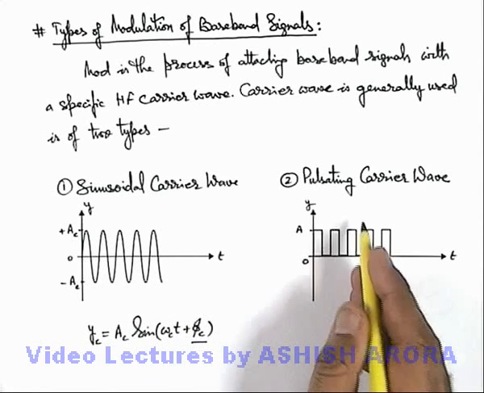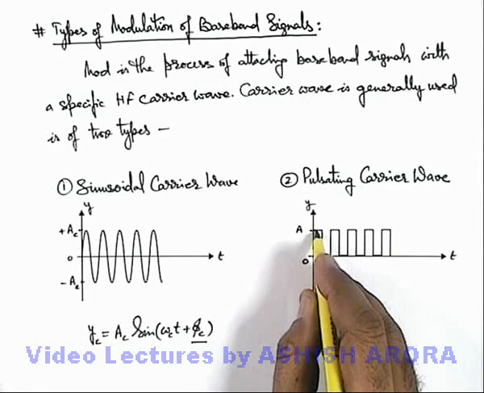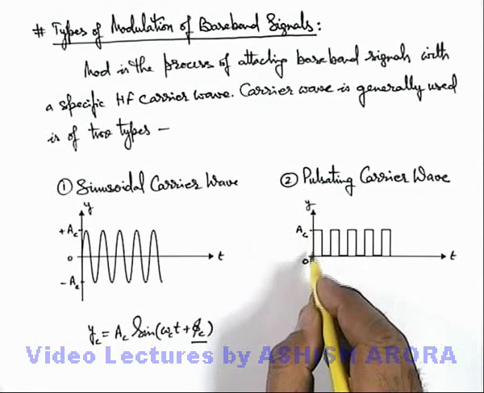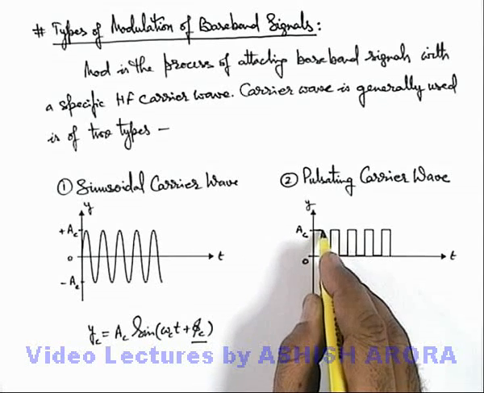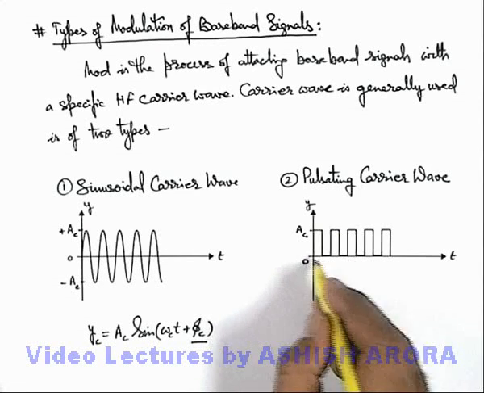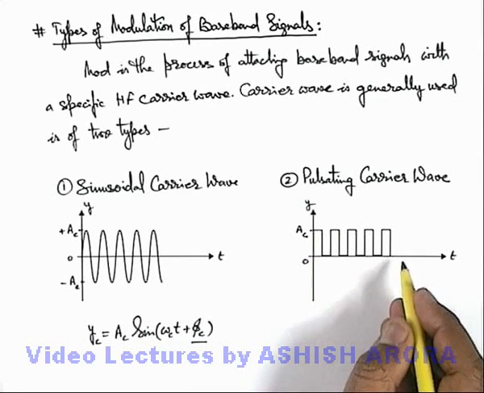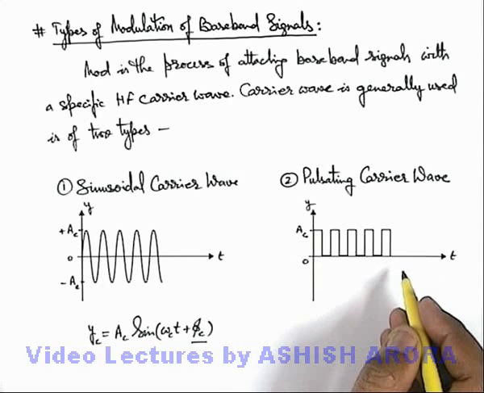And in case of pulsating carrier wave, the amplitude would be AC, but here up to a time period the displacement remains the same and then it drops to 0, then again it becomes AC. It is like a square waveform which is continuously being produced at a very high frequency.